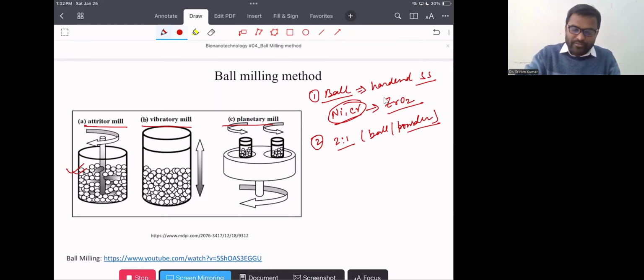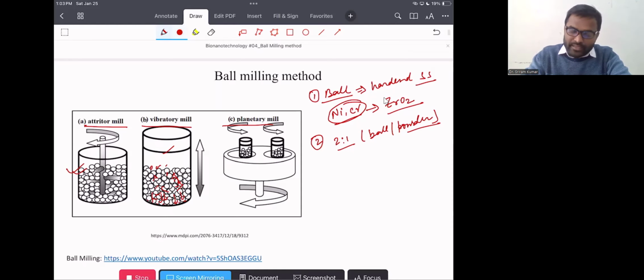For example, in the vibratory mill, you have a container filled with balls, and there you have the fine materials inside. We put that container on a vibratory table, so because of the vibration it moves this way, and because of these high vibration levels the tiny material strikes together and converts into nanomaterial.